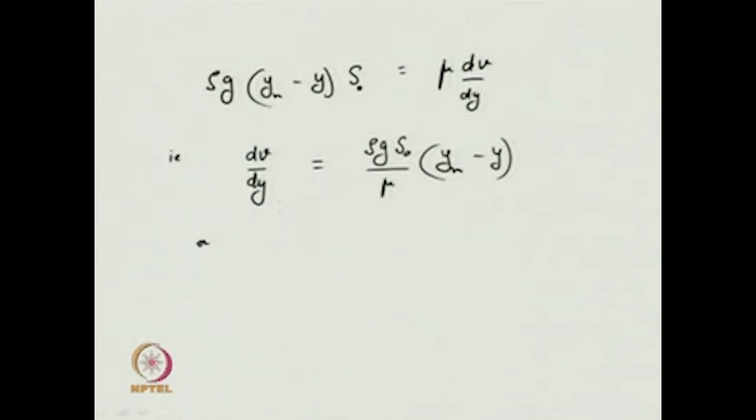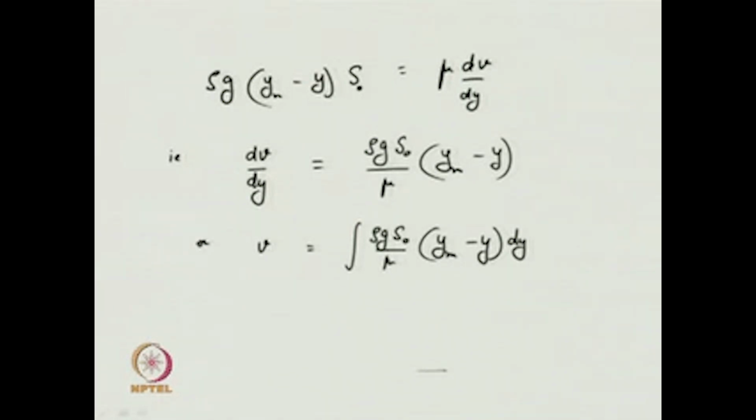or you can use this relationship now to obtain the integral, say v, the velocity in that small portion of the overland flow. It is nothing but integral rho g s naught by mu (ym minus y) into dy.